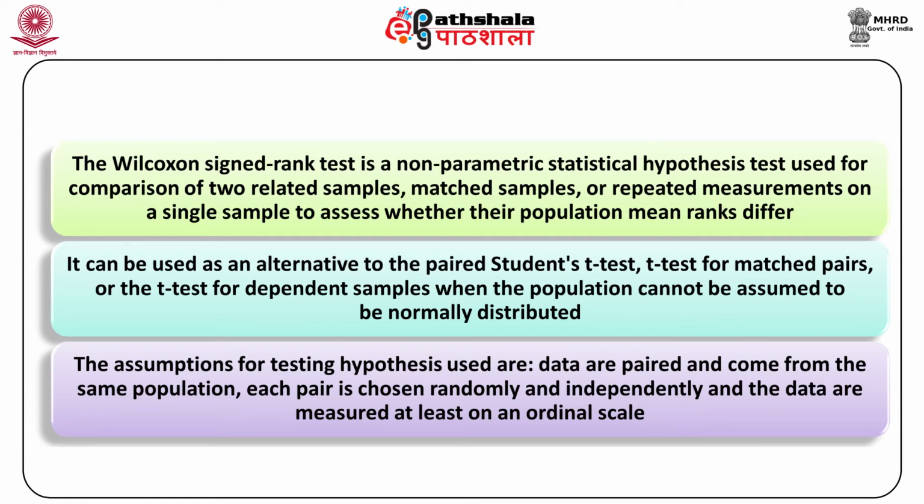It can be used as an alternative to the paired Student's t-test for matched pairs, or the t-test for dependent samples, when the population cannot be assumed to be normally distributed.